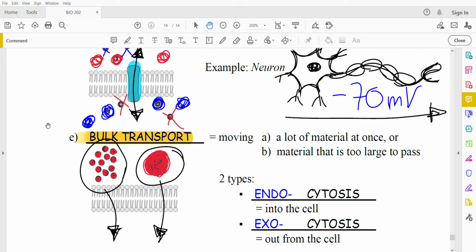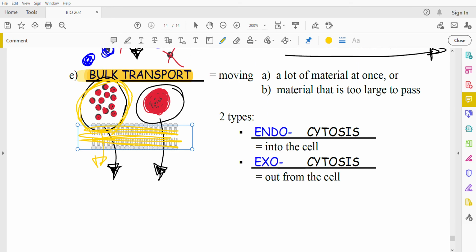And how bulk transport works is that the membrane kind of encircles. So the membrane is normally here, but it slightly encircles this material that we want to transport and allows it in a vesicle to pass to the other side of the cell.